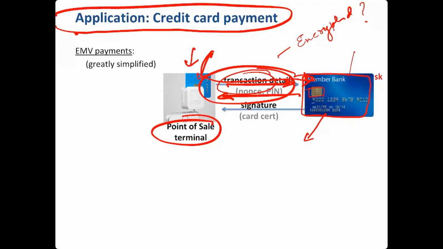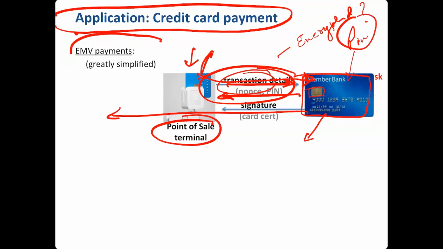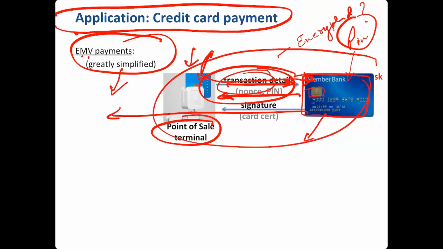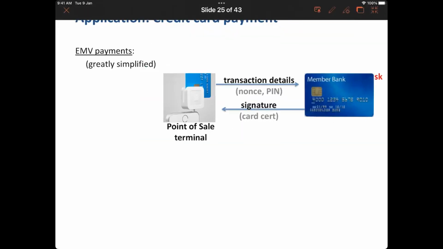So there must be some PIN here, or the PIN is not there, it's on some server. Anyway, there is a big protocol, and you must read about it. We don't have time. It's called EMV payment. E stands for Europay, M for MasterCard, V for Visa. There is a protocol here, but there is use of digital signature. That's important.